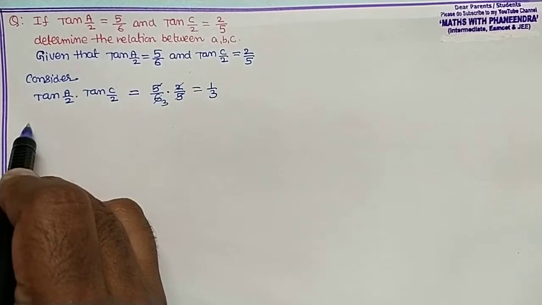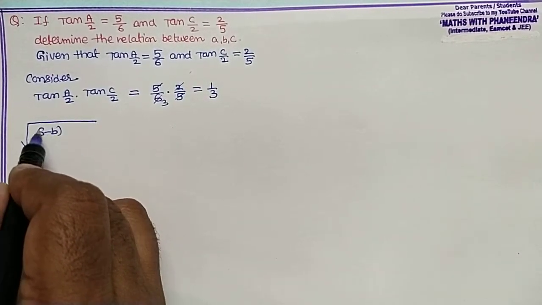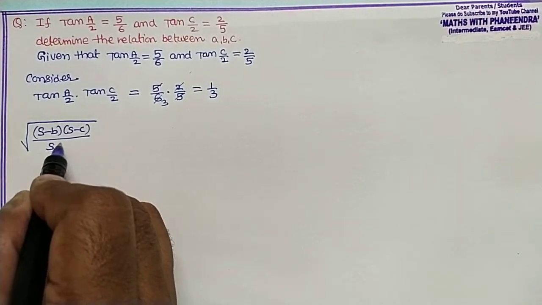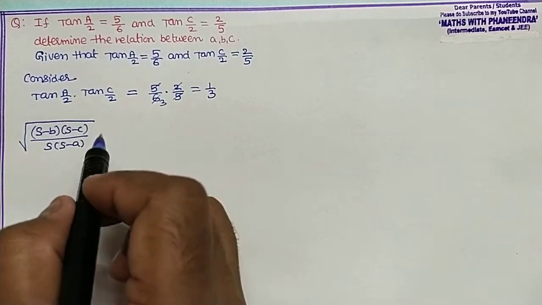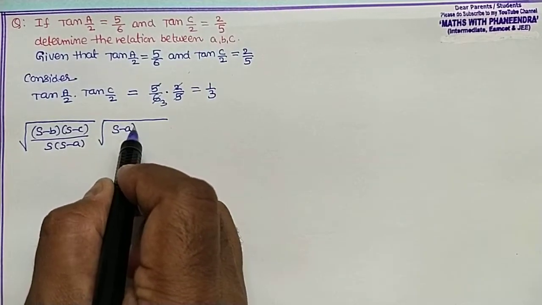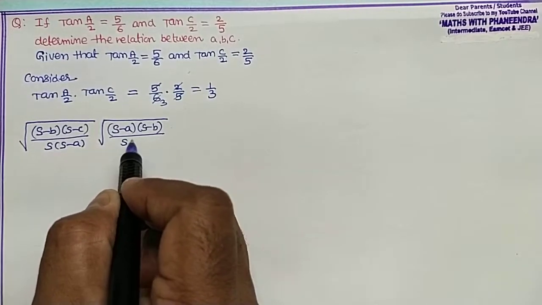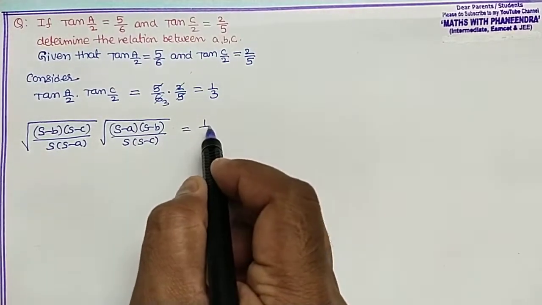Now write formulas for tan(A/2), tan(C/2). The formula for tan(A/2) is square root of (s minus b)(s minus c) divided by s(s minus a). Similarly, the formula for tan(C/2) is (s minus a)(s minus b) divided by s(s minus c), which is equal to 1 by 3.